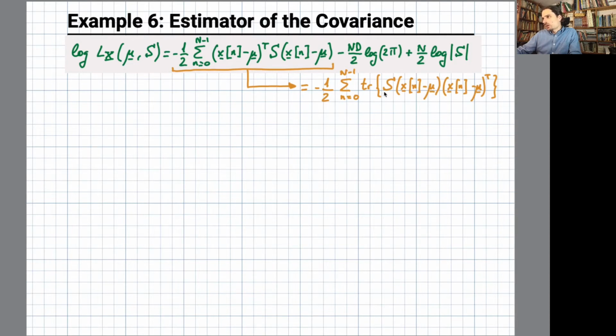Okay, so now we have a matrix times a column times a row, right? And this is a matrix. One can then use the linearity of the trace operator to write this summation to the right of the matrix S, right?